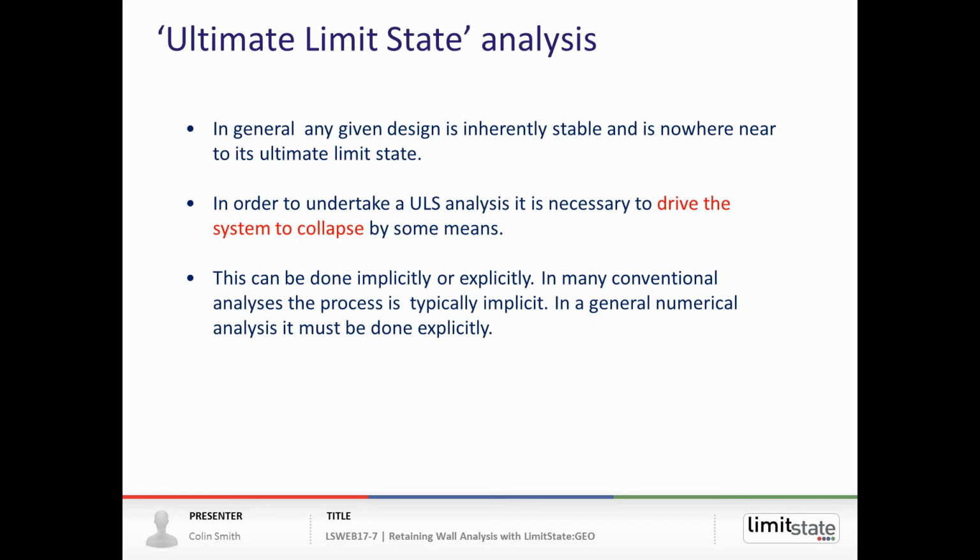And we can do this implicitly or explicitly. In many conventional analyses, the sort of thing you see in the textbooks, it's kind of implicit. It's not really stated specifically that this is what you're doing, but because you're analyzing it at the limit state, so for retaining walls, because we're assuming active and passive earth pressures, effectively we're assuming the system is collapsing. But to do this in a numerical approach, we have to do it explicitly.